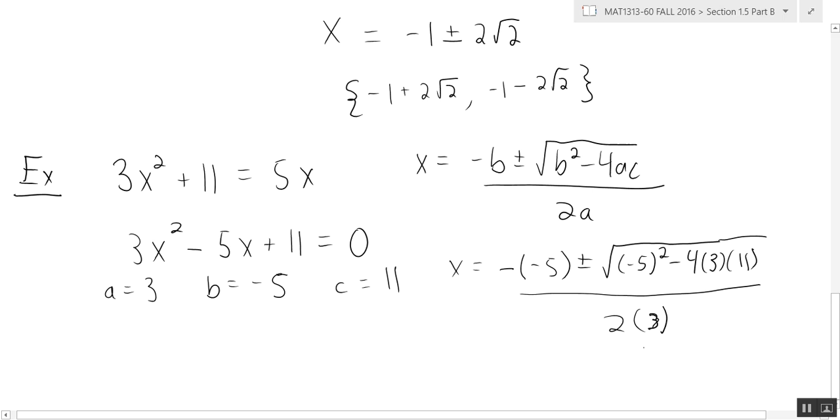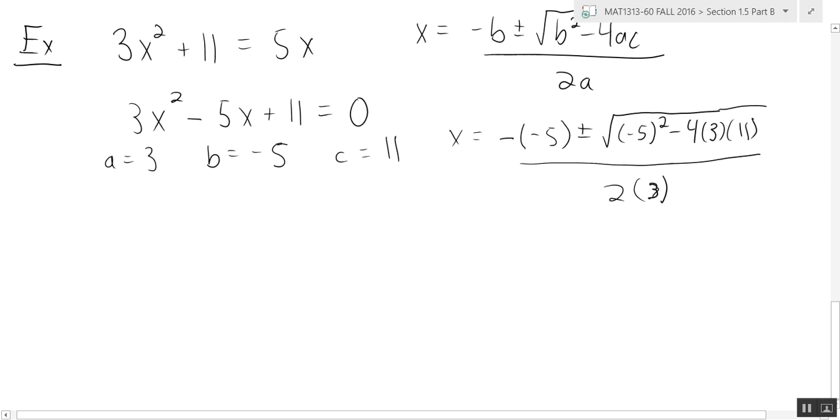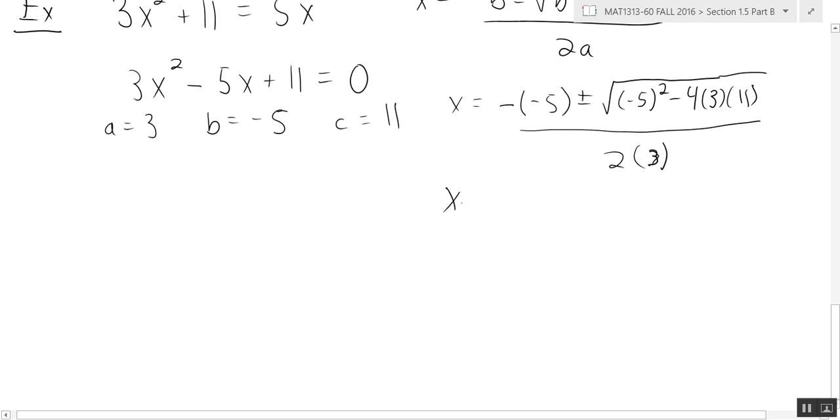Alright, so let's be careful when we simplify. Let's see what we would get. So I have X equals, the negative of negative 5 is positive 5 plus or minus the square root. Alright, so then I have negative 5 squared. That's negative 5 times negative 5. So it's positive 25.